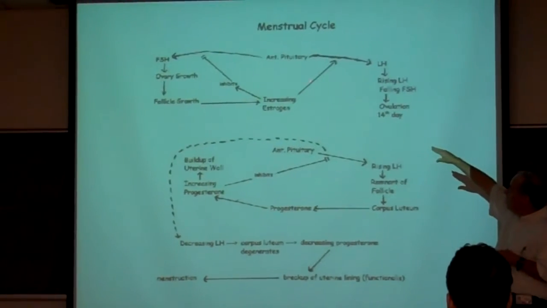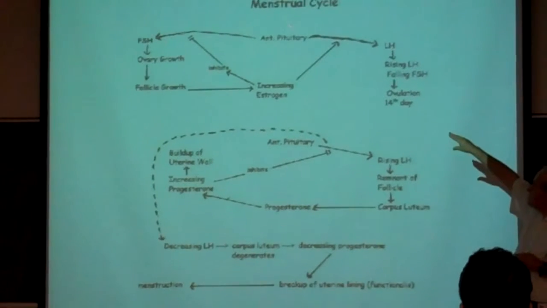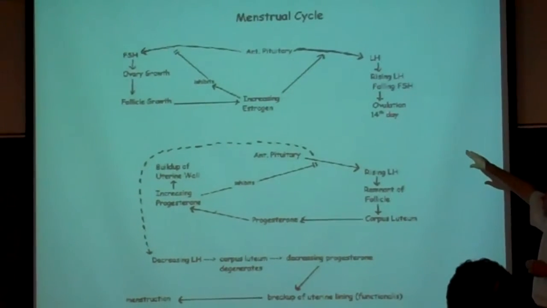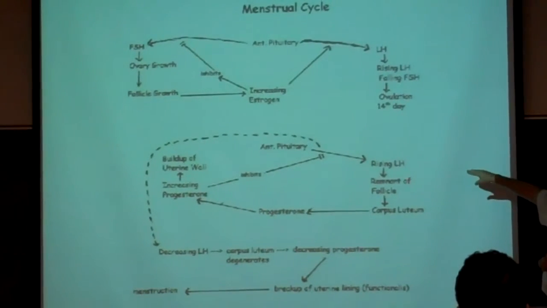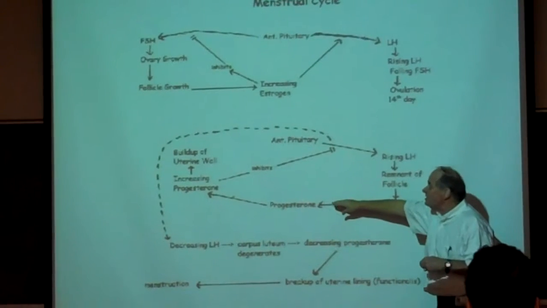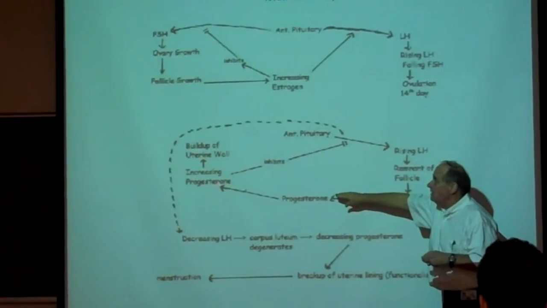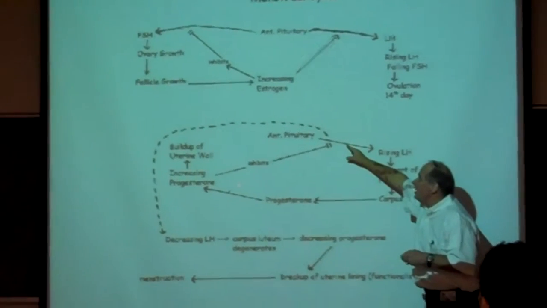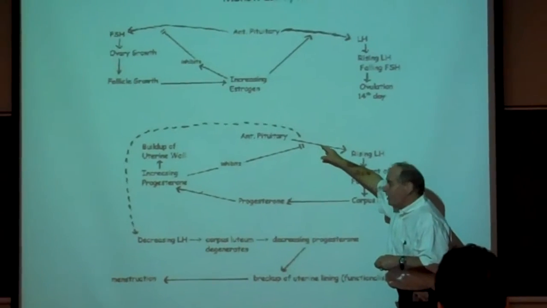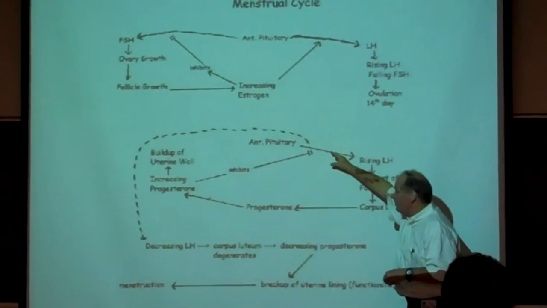The increase in estrogen also will influence the anterior pituitary to produce LH. LH then is the main hormone of ovulation. LH, remnant follicle, corpus luteum. Now, who's going to maintain this? If this isn't maintained, as it increases, it's going to inhibit the anterior pituitary, decrease LH, corpus luteum degenerates, decrease in progesterone, breakup of uterine wall.